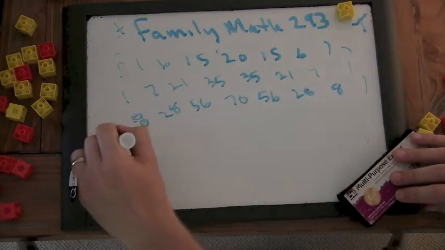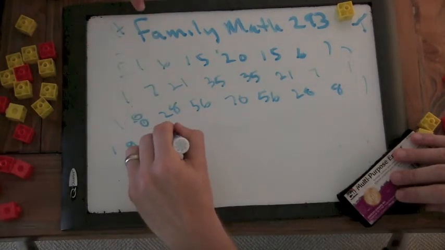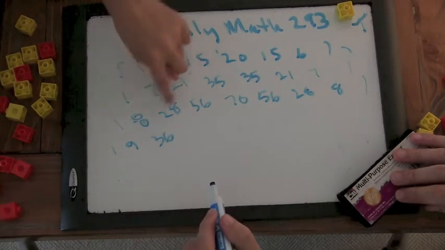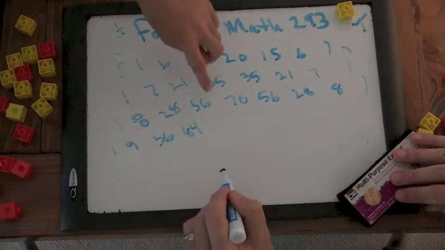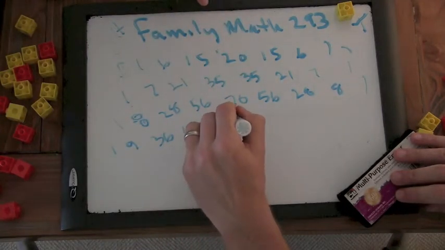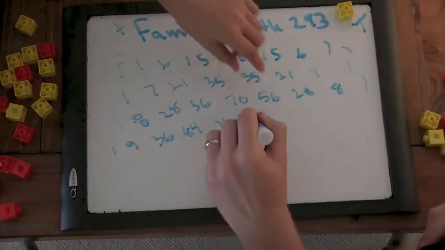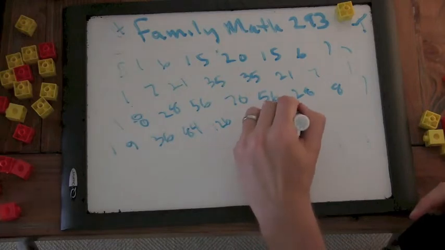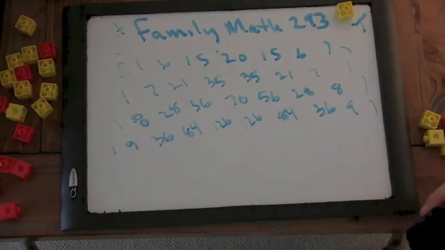Then 1, 9, 36, 84, 126, 126, 84, 36, 9, 1. Hey, we're going to get it.